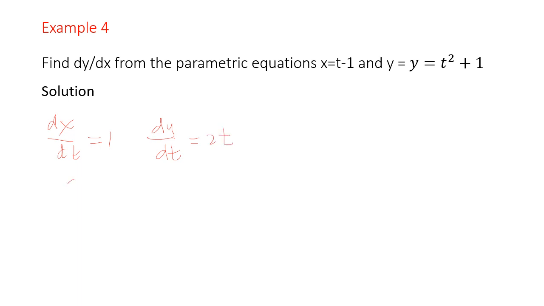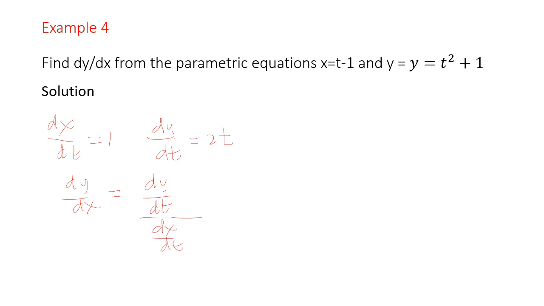So dy over dx equals dy over dt divided by dx over dt.